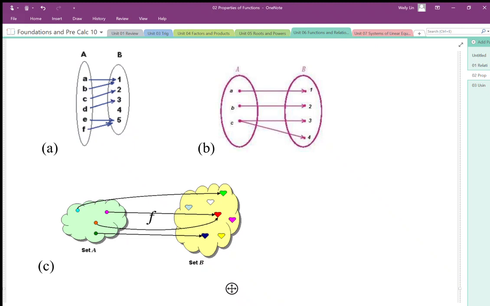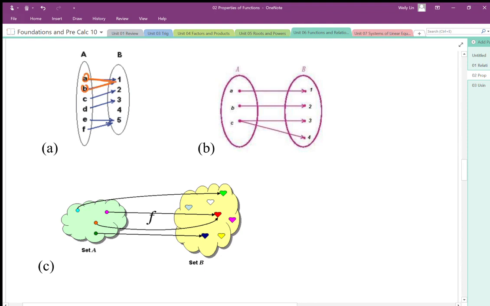These arrow diagrams are a little bit harder to determine whether something is a function or not. But basically what we're looking for is this 1 to 2 issue. Here we have two elements that go to 1.